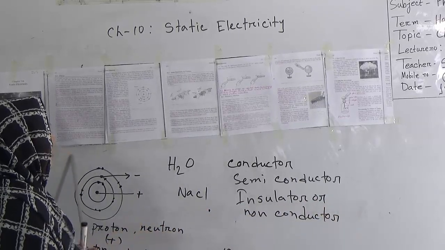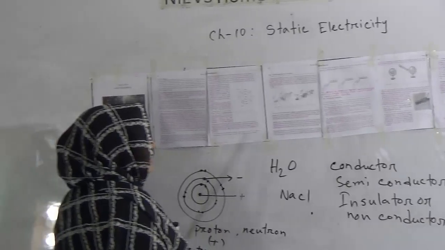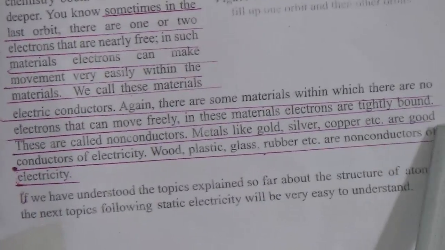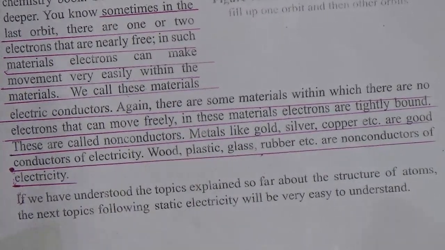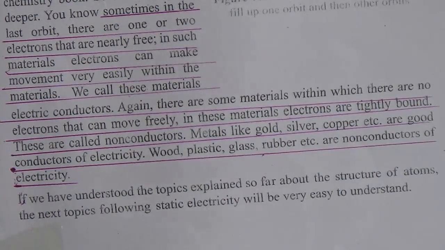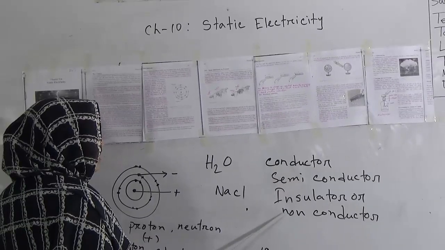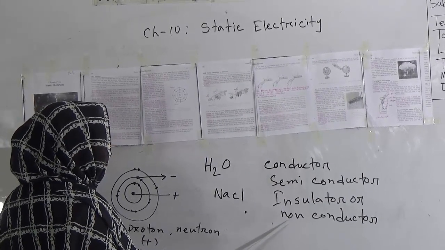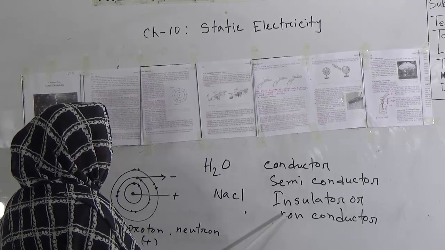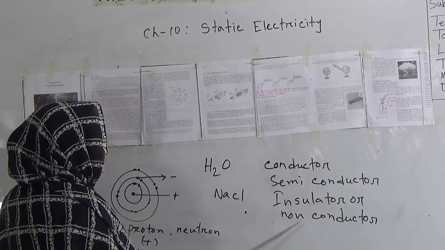There are some materials within which no electrons can move freely, the electrons are tightly bound, and these are called non-conductors. That means in this type of material, the electrons cannot pass. Suppose wood, plastic, glass, rubber, etc.